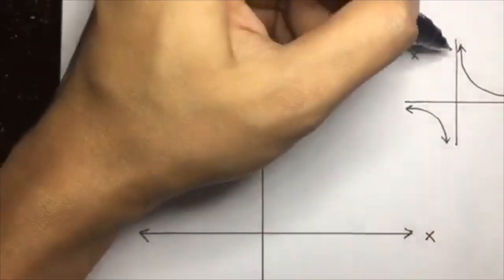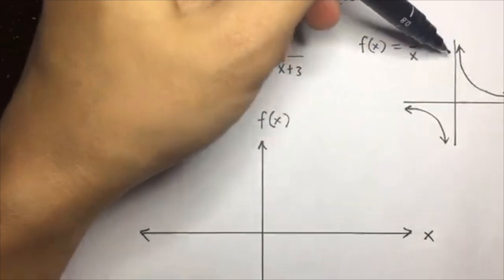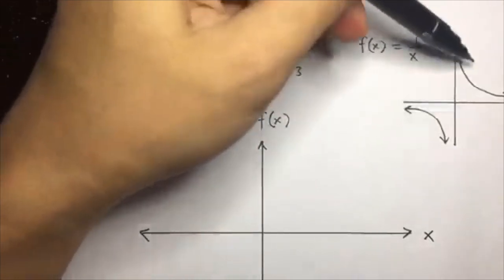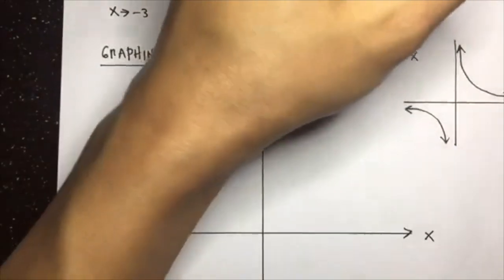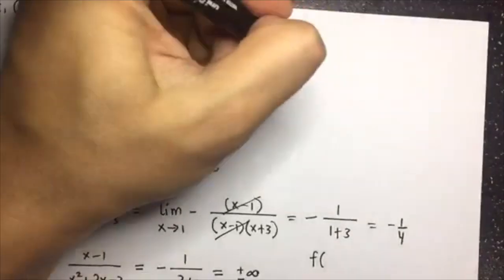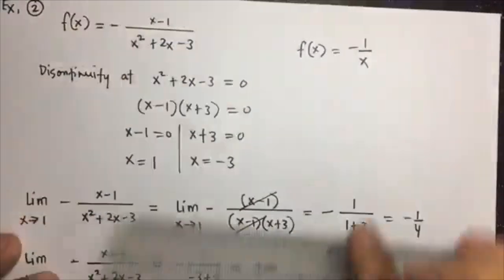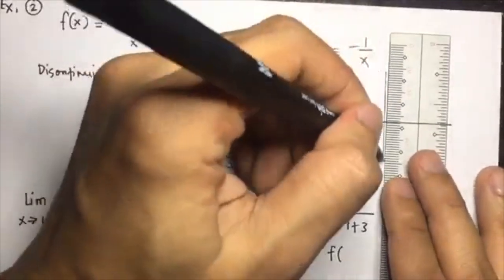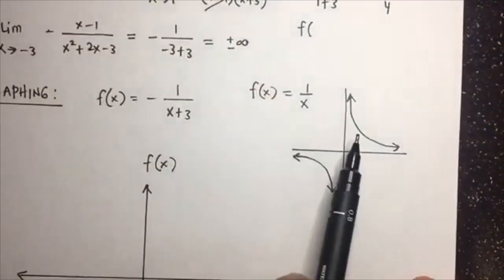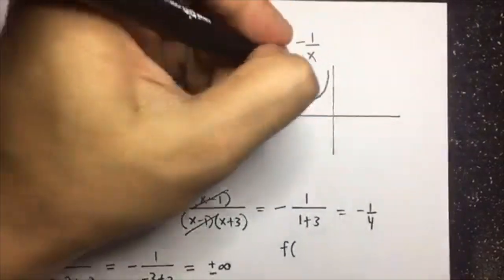If it's negative, then it's the same, but the only difference is that it's mirrored. So if we have f of x is equal to negative 1 over x, then its graph will look like a mirrored version of this, so it will become like this.